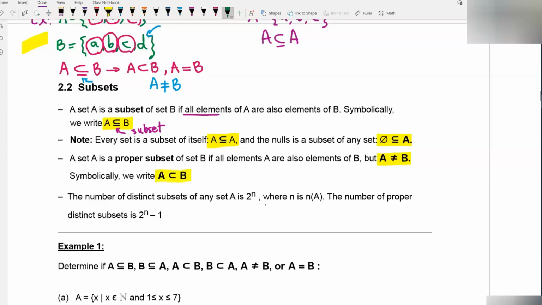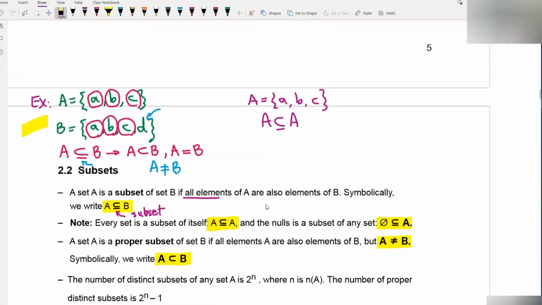We don't have this equal to here on this part. Now that we know that, since I do not have exactly equal to between A and B, I shouldn't have this equal to for this part.